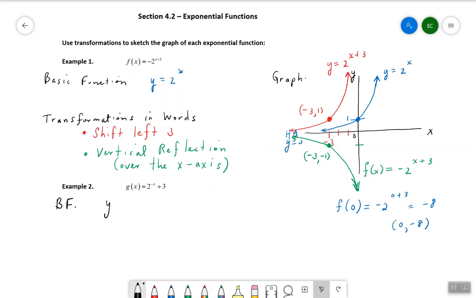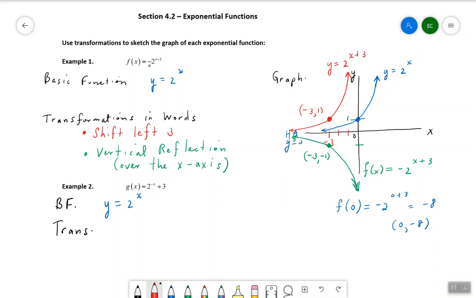Maybe I could just abbreviate that basic function bf, and then y equals 2 to the x. And then transformations, I'll abbreviate that, I'll just write trans. We're multiplying by -1, but in this example, we're doing it inside the basic function, right?